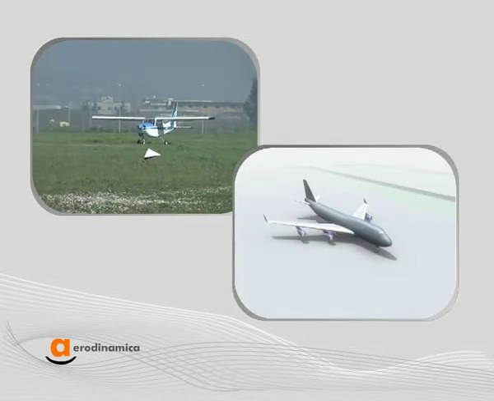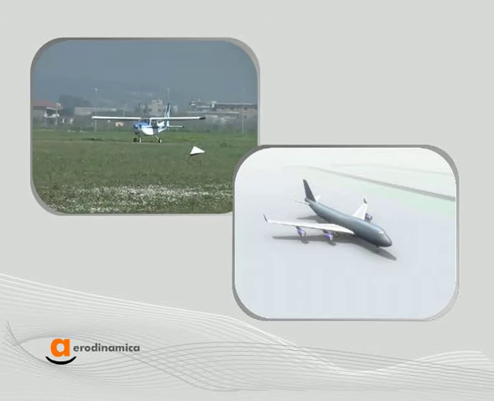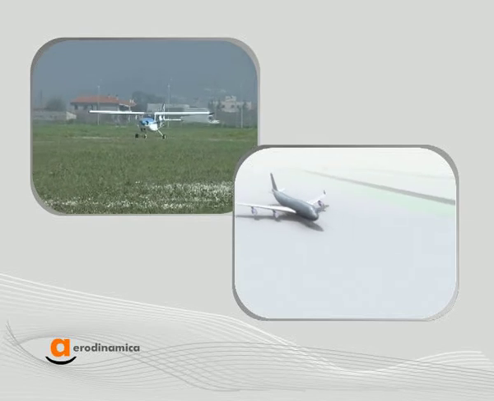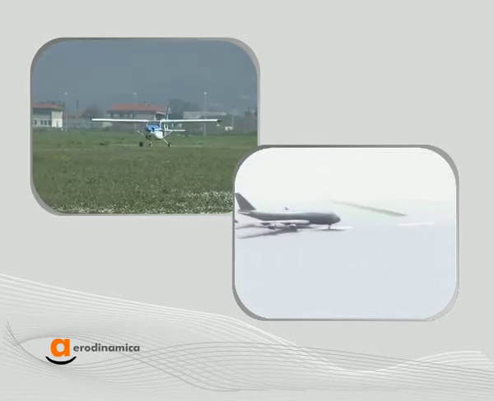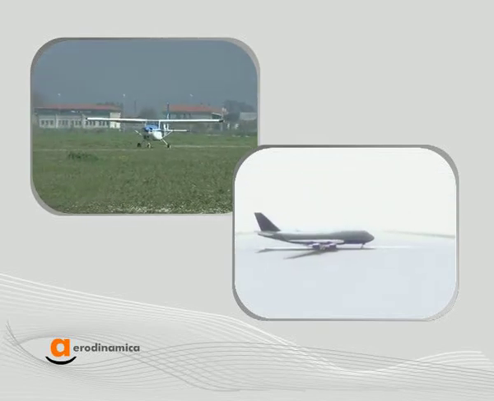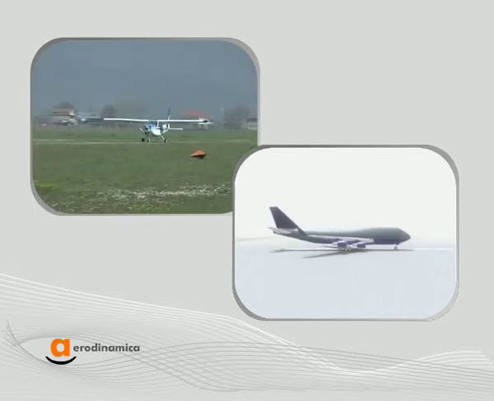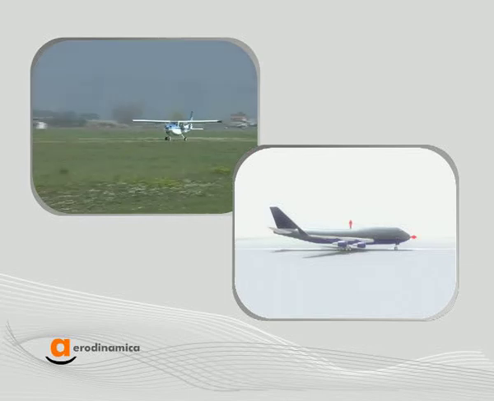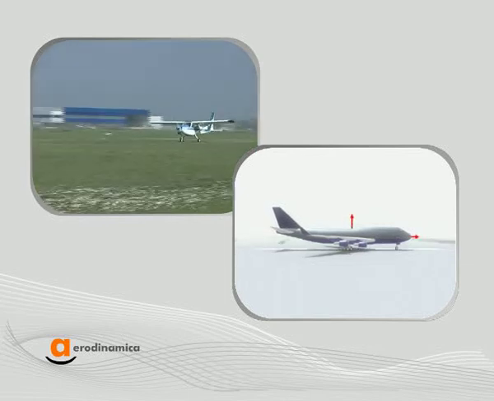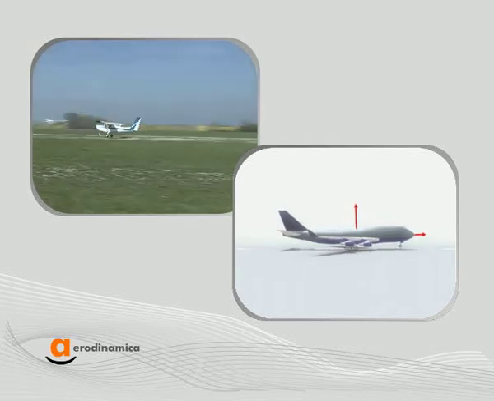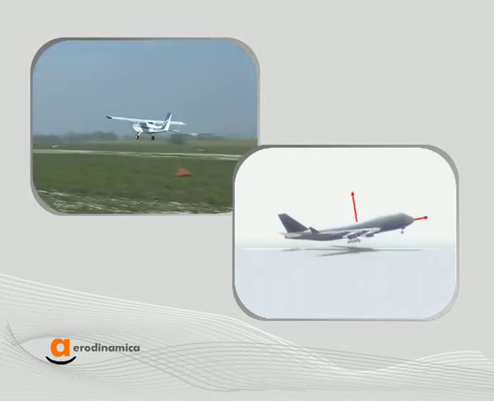The airplane takes off when it reaches a speed called takeoff speed, which is the speed that allows the lift to exceed the weight. From this moment on, the climbing starts. At the end of the climb, the airplane reaches the cruise altitude, at which the airplane has a horizontal position.